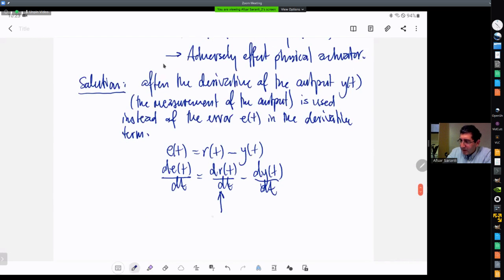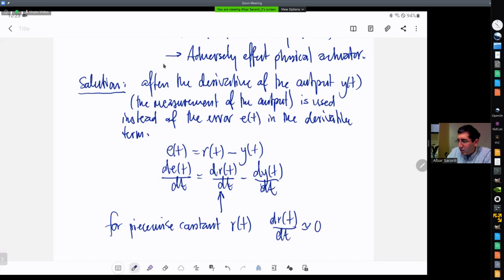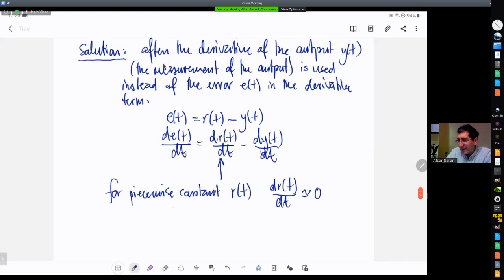So if r of t is piecewise constant, dr of t over dt is mostly equal to 0. It's non-zero only at finite instances of time. Therefore we can say that instead of dE of t over dt, if we use minus dy of t over dt, it's going to be mostly true, and in fact we would have eliminated these spiky dr of t over dt terms.